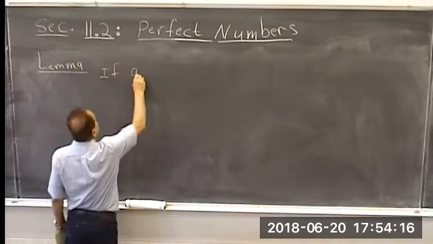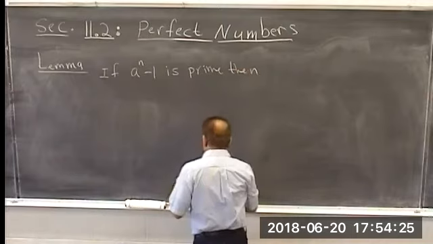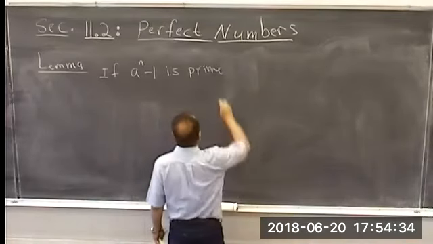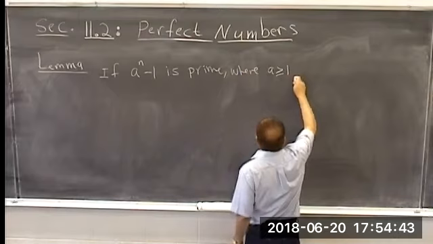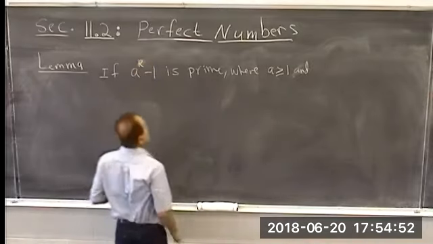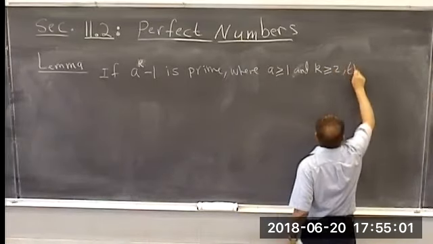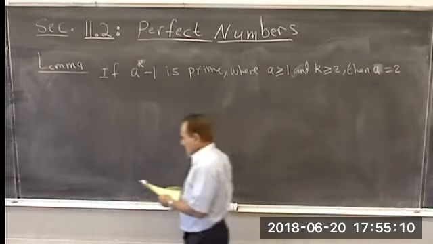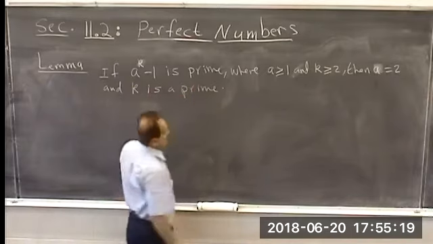If a number like this is prime, then, where a is bigger than or equal to 1, then, and so I put k in here, and k bigger than or equal to 2, then sorry, a is equal to 2, and k is a prime. So it's a little more general than I stated, okay?